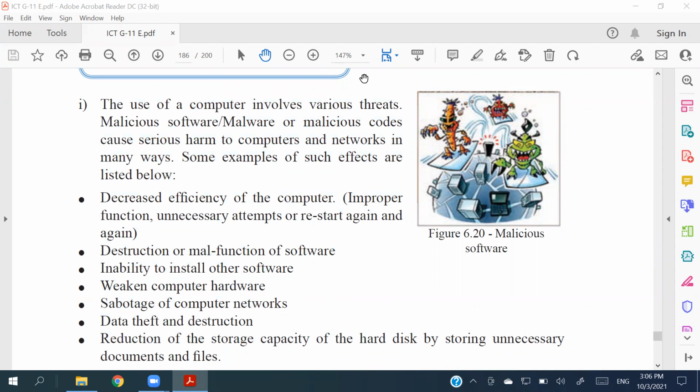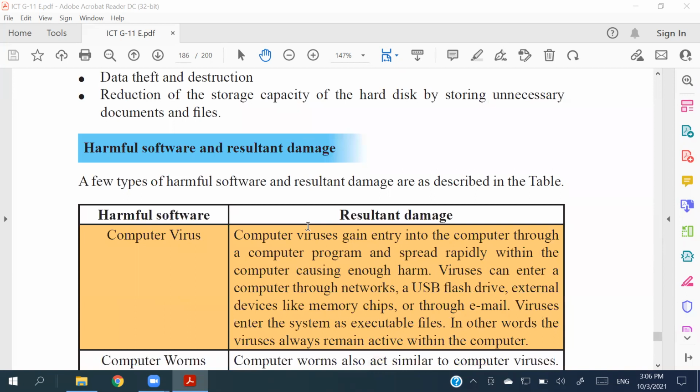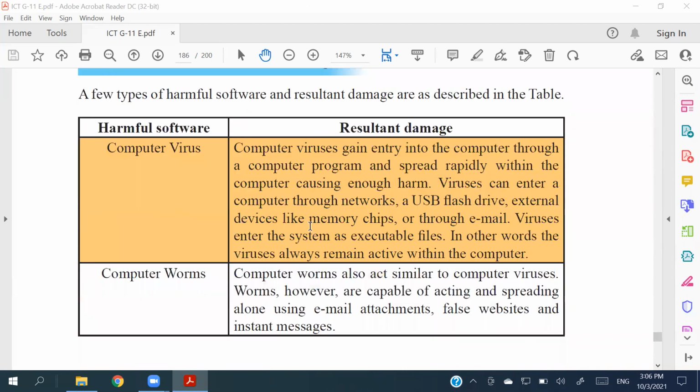So now we are going to talk about the different kinds of malwares, or harmful software, like the categories. The first one is the computer virus. We always talk about this term called virus, right?